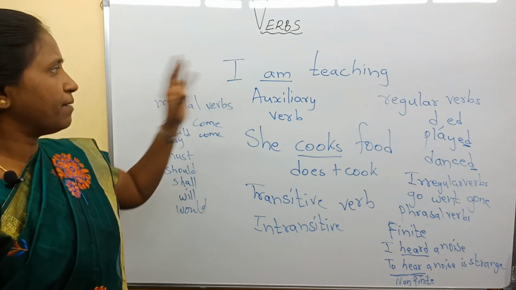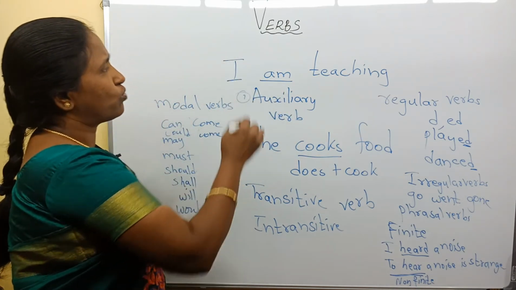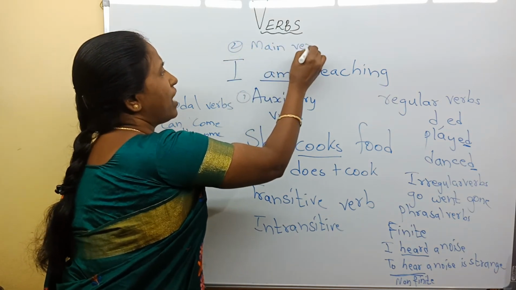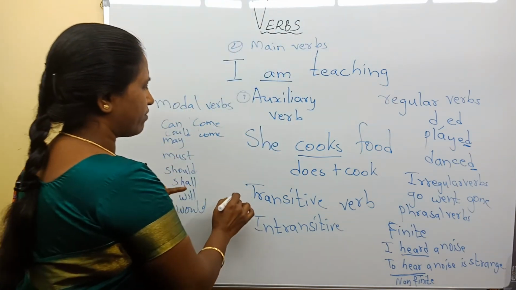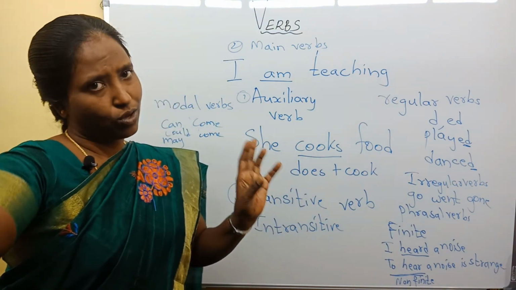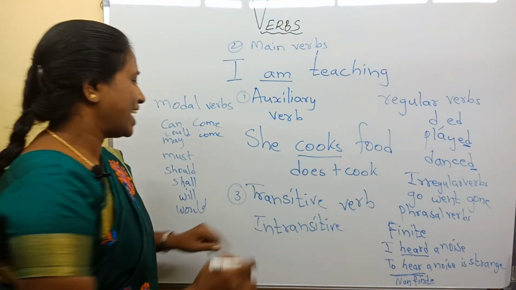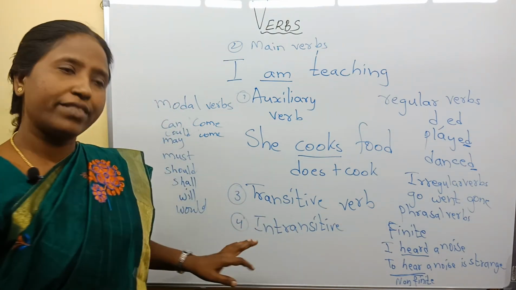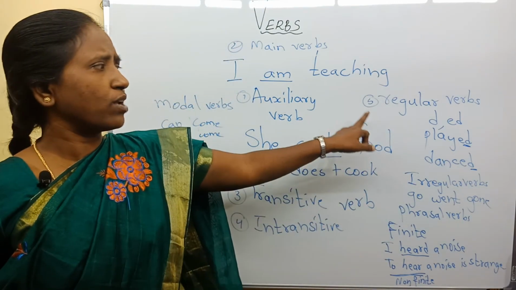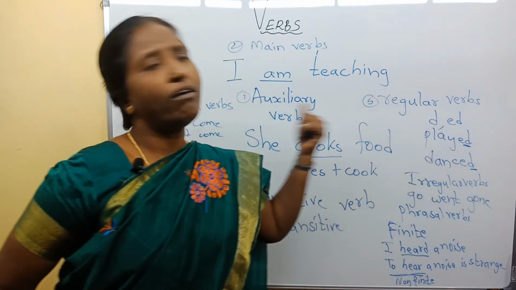Then coming to the auxiliary verbs, they tell about the tenses. That is the first one. The second one is the main verbs, which are the action verbs. The third one is the transitive verb, where the effect of the verb falls on the object. Only transitive verbs can be converted into passive voice. Intransitive verbs have no effect on the object. Then the next one is regular verbs, which get D or ED added to get into past tense.